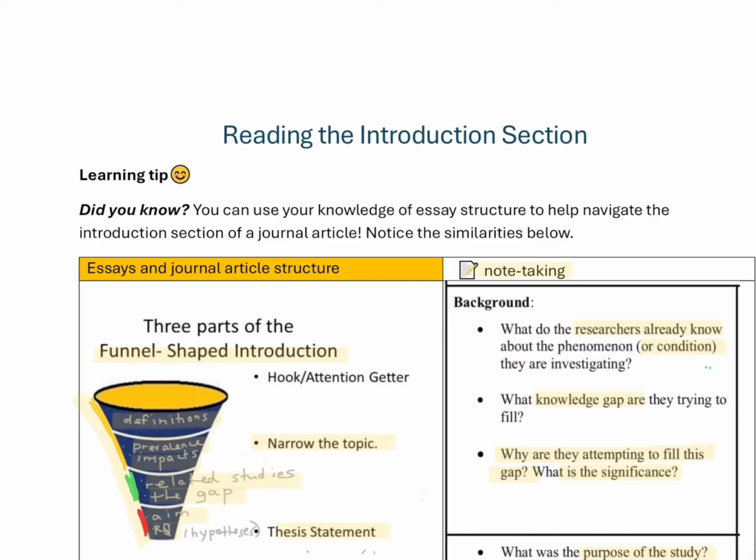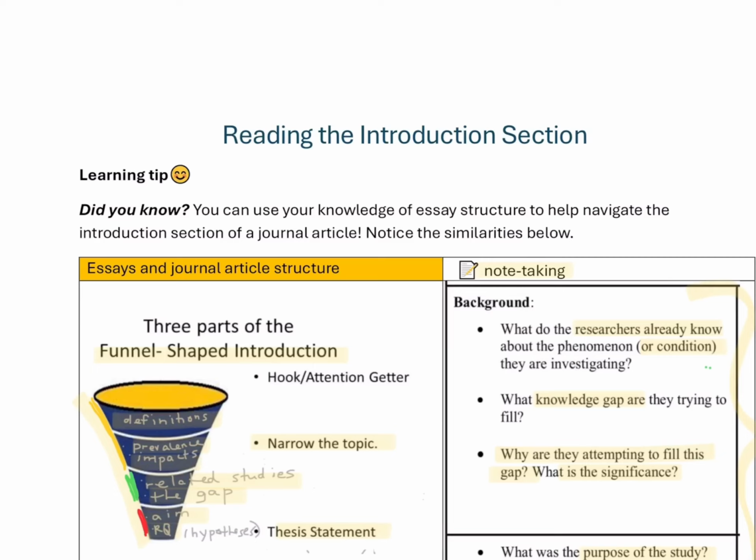Okay, knowing that the introduction section is shaped like a funnel and knowing what notes you should be taking, it'll help you to locate the key information. Don't highlight everything. Select what you highlight based on the research question, the gaps in knowledge.